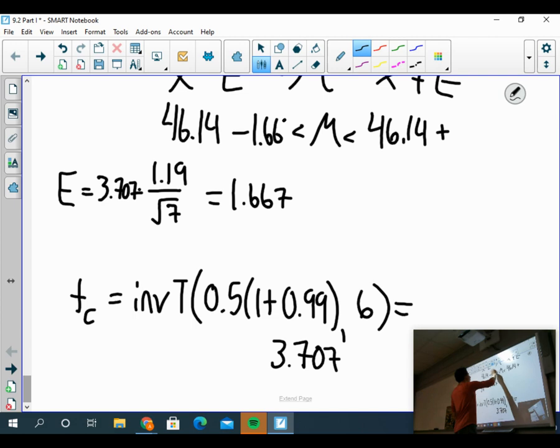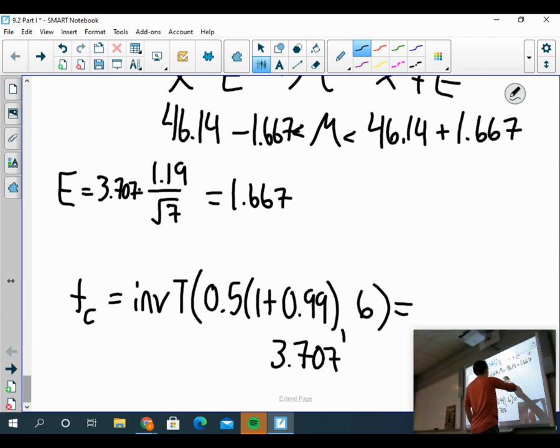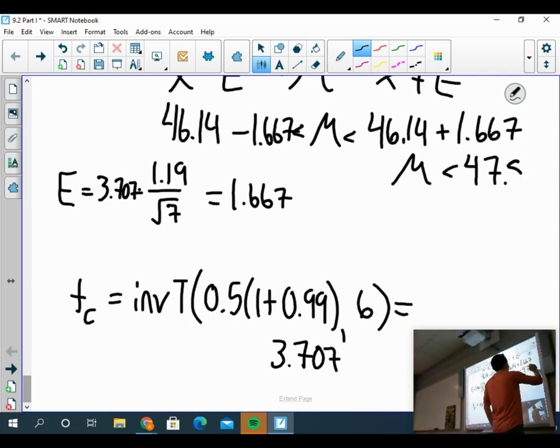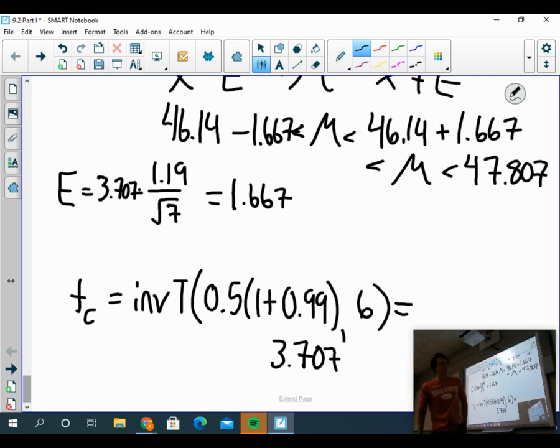And so we plug in that margin of error, and we get a confidence interval for the mean shoulder height of all prehistoric miniature horses. We're trying to predict that. We get a confidence interval of 47.807 down to 44.473 inches. And again, what does that mean?